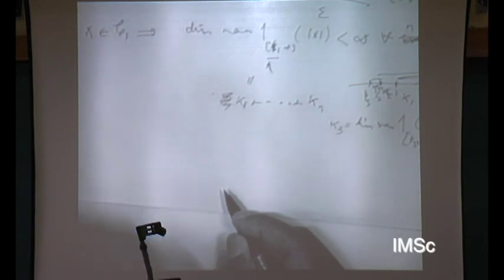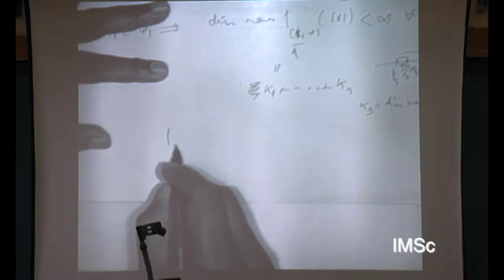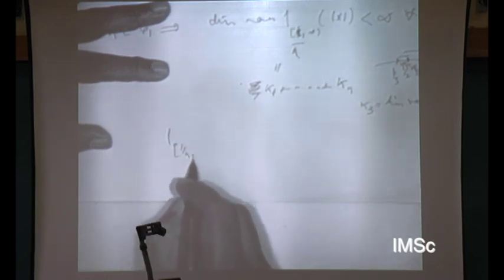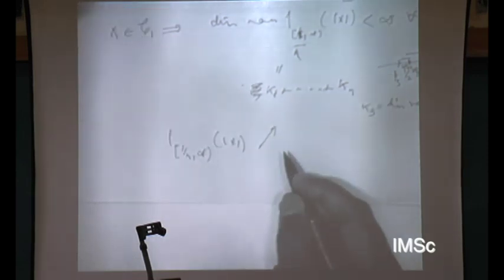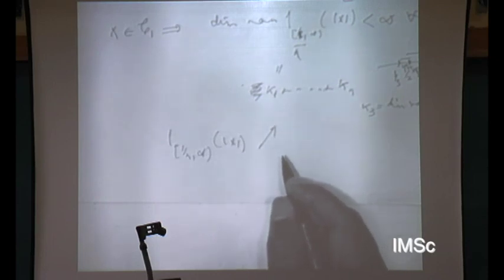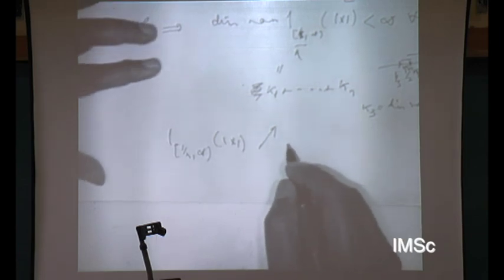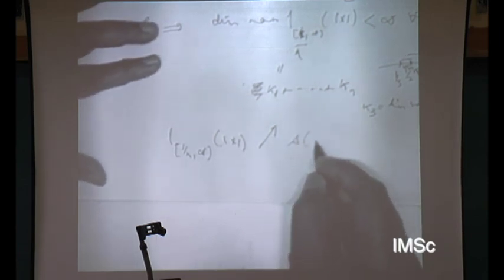This is an increasing family of projections, the indicators of 1 by n to infinity of mod x, and they will increase to the support of mod x.